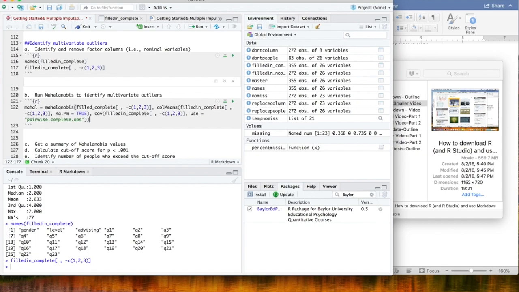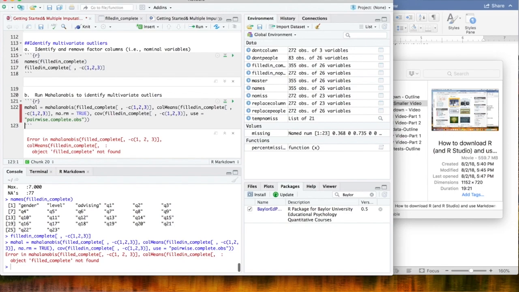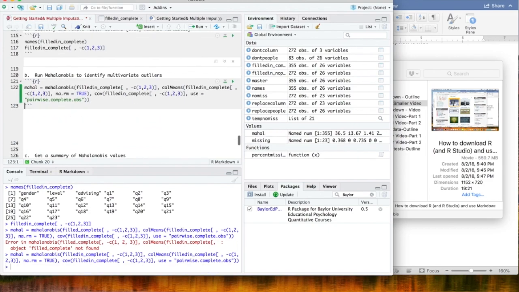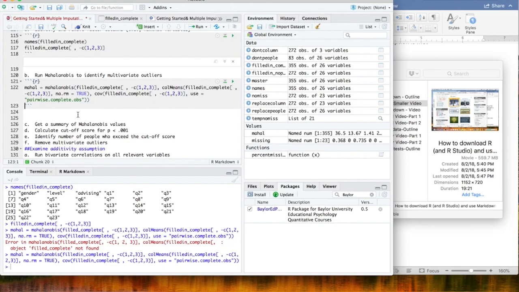So I think I got this right. Let's see. Yeah, I forgot to type in filled_in_complete. Okay.